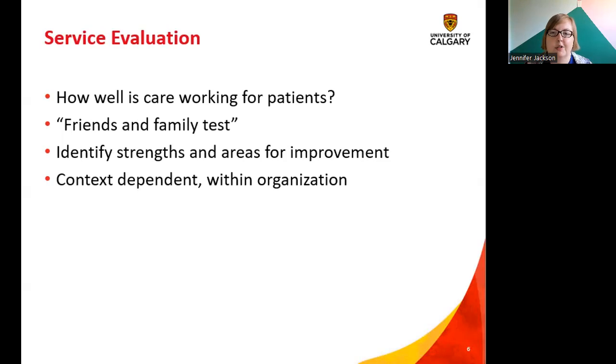It can also relate to other things like, I find it really hard to get in and around the clinic because I use mobility devices and the chairs are all over the place and I can't get through. All of those things impact quality of care, and asking questions about it can look at where our strengths are and also where we need to make improvements.